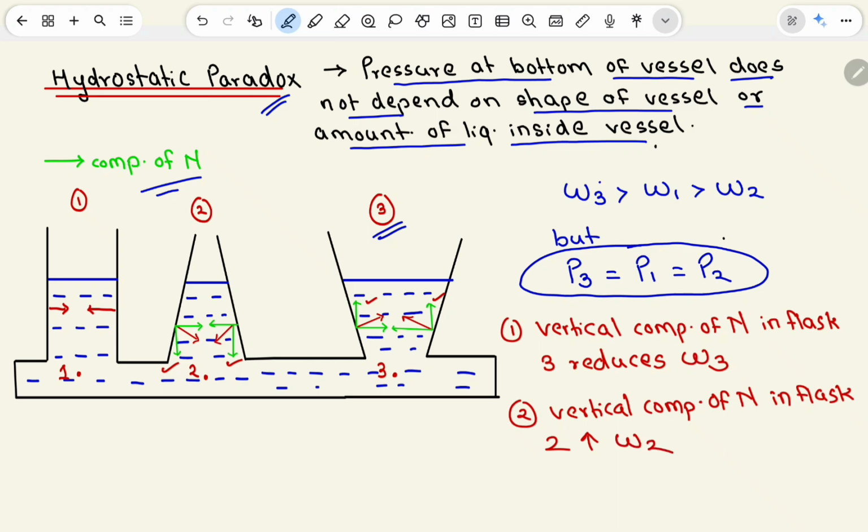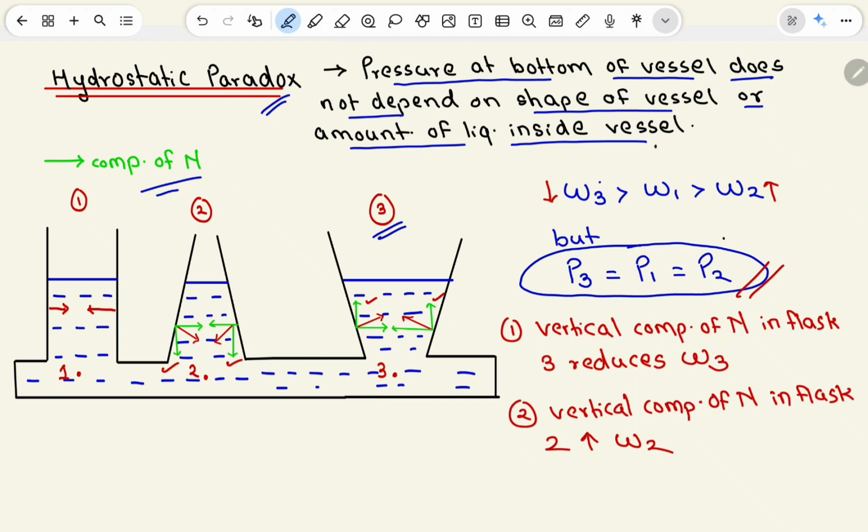So by using the normal reactions, W3 is decreased, W2 is increased, and we can say that they are brought to a level equal to W1. So finally, since all the forces become equal, the pressure also becomes equal.